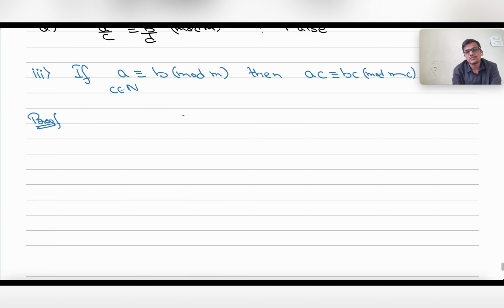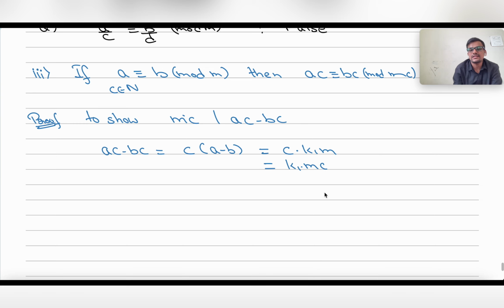To prove this, I need to show that MC divides AC minus BC. This AC minus BC is nothing but C into (A minus B). Now because A is congruent to B modulo M, I can write A minus B as k1 M. So it is k1 into M into C, that is k1 into MC, and this is AC minus BC. So this will imply what?